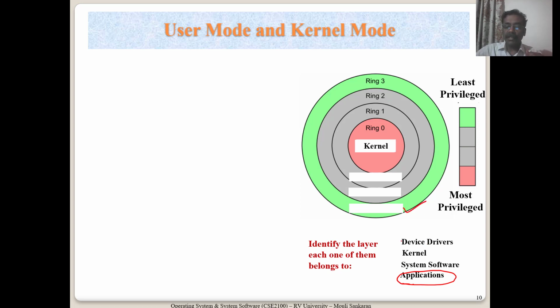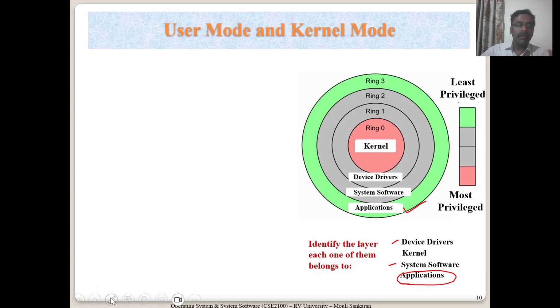You need to decide which of these two will be closer to the kernel. Device drivers are the ones which really interact with the hardware, because they are written by the device vendors who understand their own hardware. So they need to be closer to the kernel, because the kernel is going to make use of the device drivers to interact with the hardware. So the next one is the device driver, then system software, any tools that you can think of, then application software.